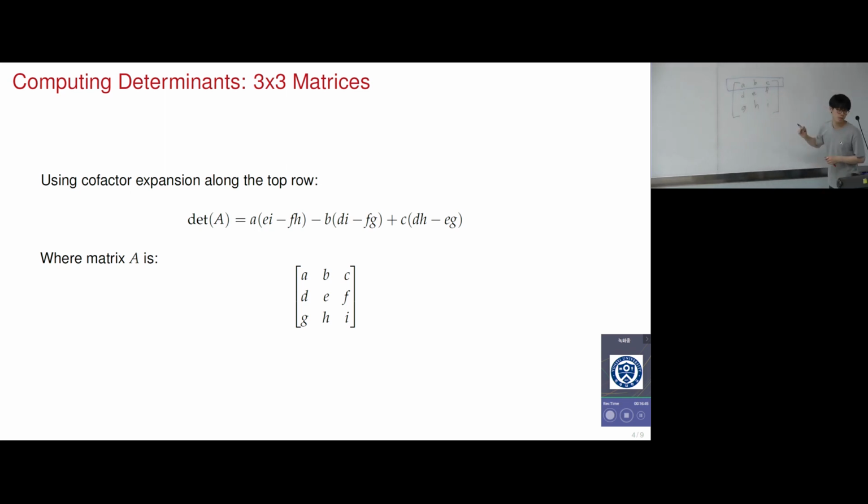What you do is focus on one entry in the top row, and then take the determinant of the 2 by 2 matrix that remains. What does that mean? For example, you see the first term, you have this, right?